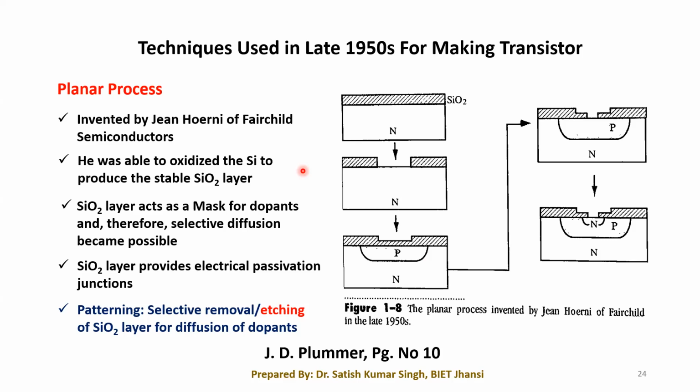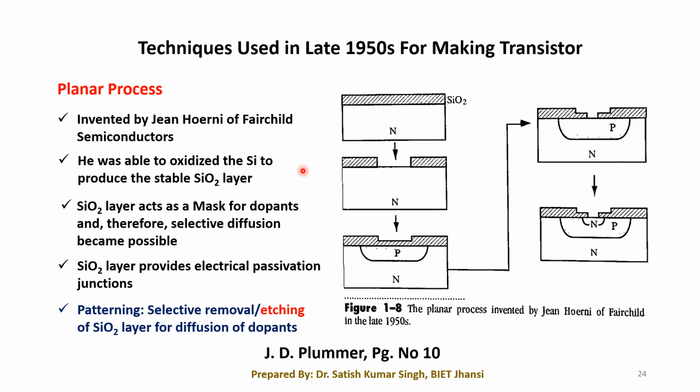We need a proper interconnection between them, and we need billions of transistors on the same chip, or the same substrate. Because this is a two-dimensional diagram, you cannot see how this SiO2 layer provides the way so that we can grow a large number of transistors.